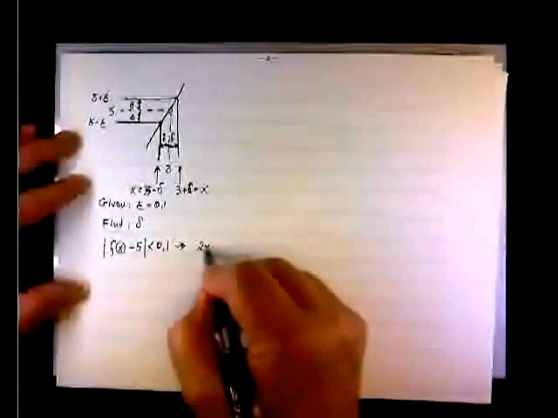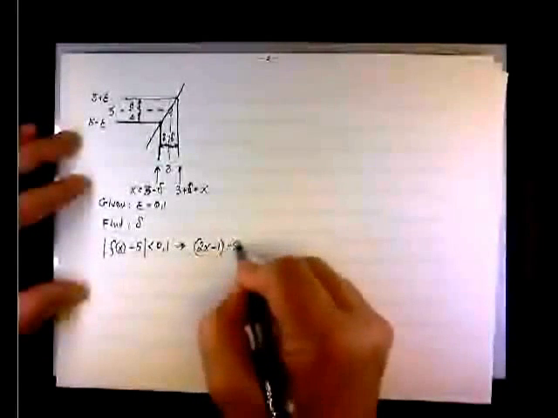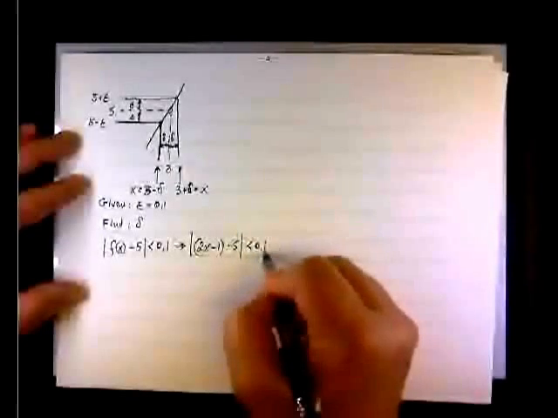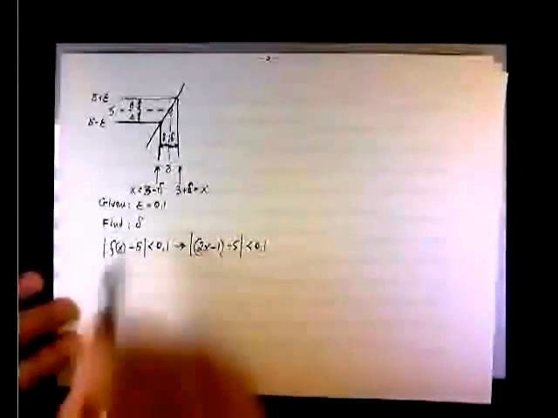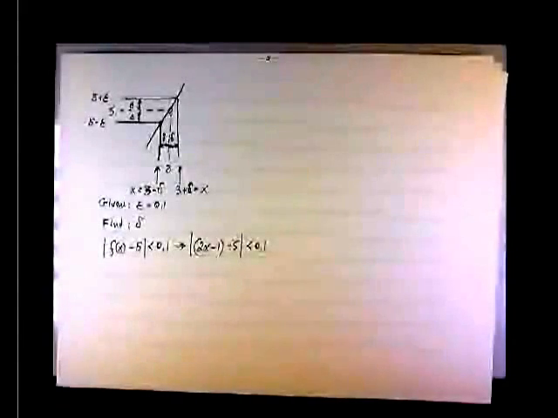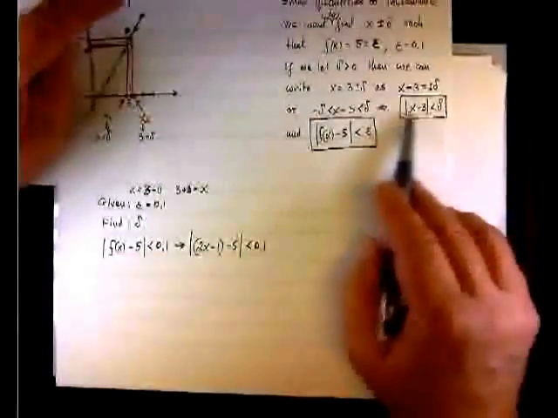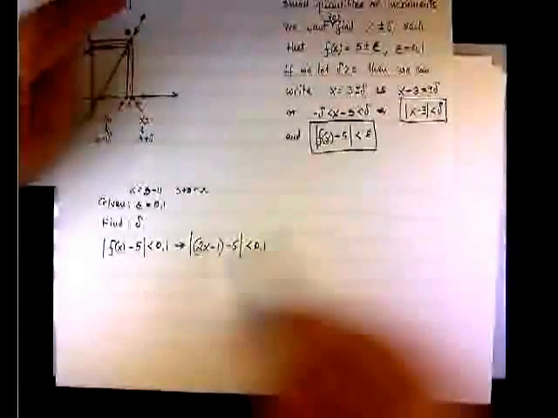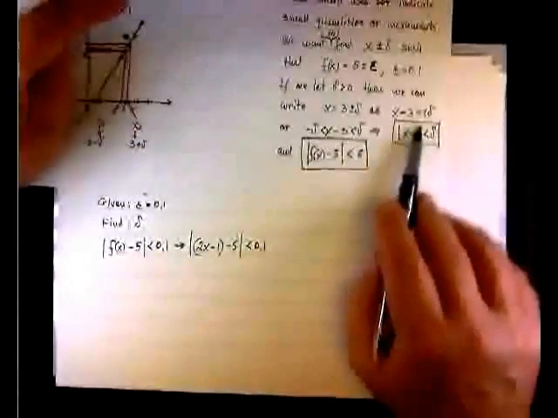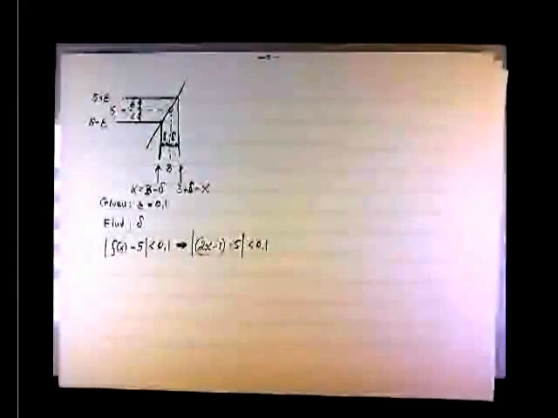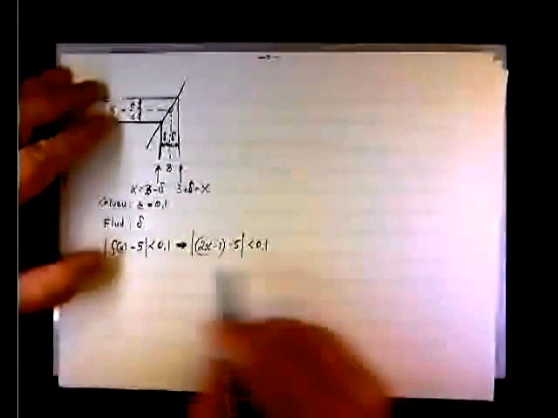Since f of x is 2x minus 1, the absolute value of 2x minus 1 minus 5 is less than 0.1. And now we're going to try to simplify it until we get to the absolute value of x minus 3 less than delta. So we started with the absolute value of f of x minus 5 less than epsilon, and we're going to manipulate it such that at the end of the day we find the absolute value of x minus 3. And this will give us the delta. Okay. Let's see how this will work.